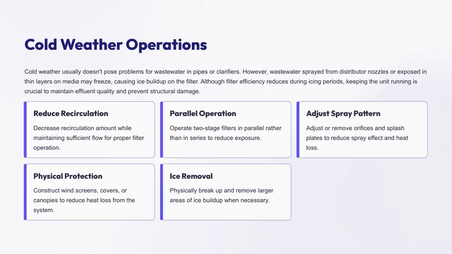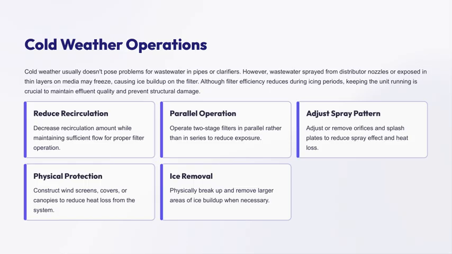While icing can reduce filter efficiency temporarily, it's important to keep the units running. Maintaining continuous operation helps preserve effluent quality and prevent structural damage caused by ice expansion. To minimize issues, we can reduce recirculation flow rates, but it's essential to still maintain enough flow to keep the filter functioning properly.